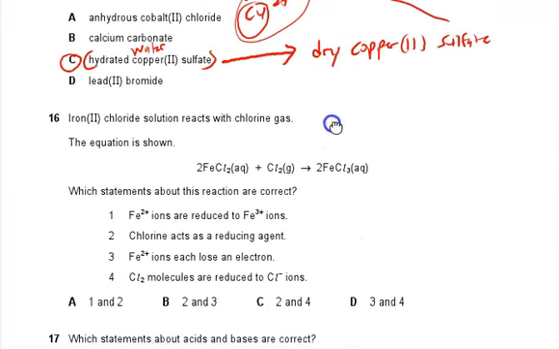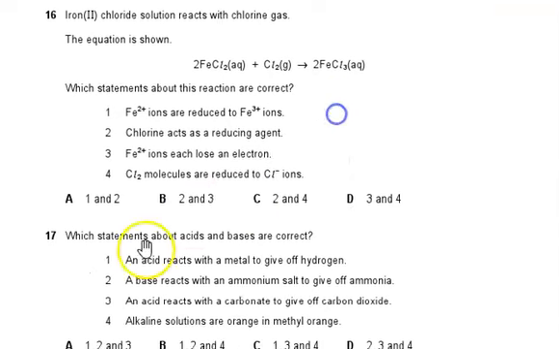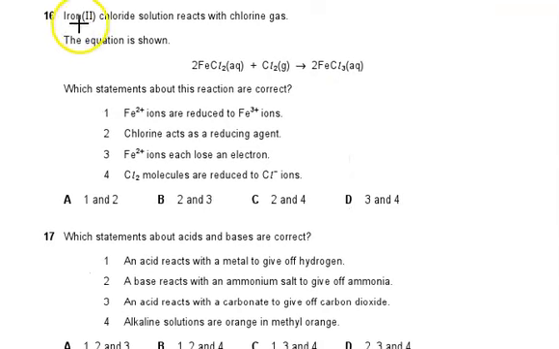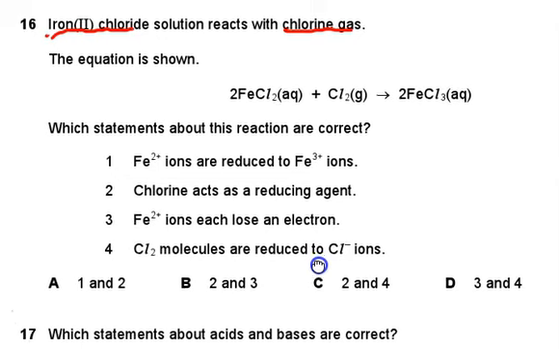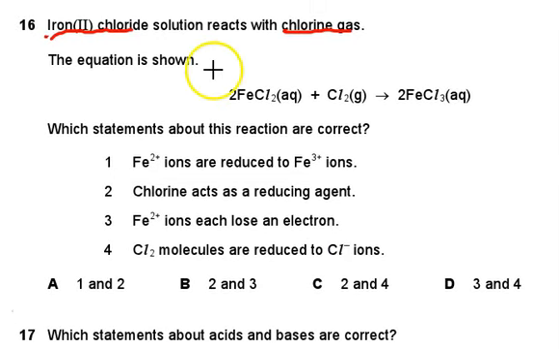Now let us look at number 16. Iron 2 chloride solution reacts with chlorine gas. Okay, the equation shows as here, so let me make it bigger. Okay, just nice. Now which statement about this reaction is correct?